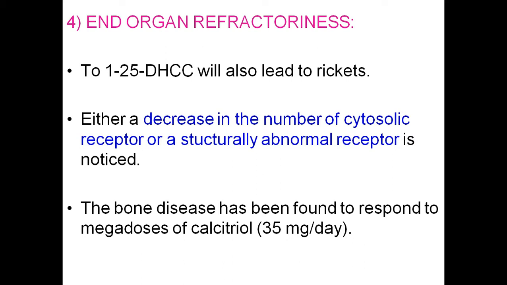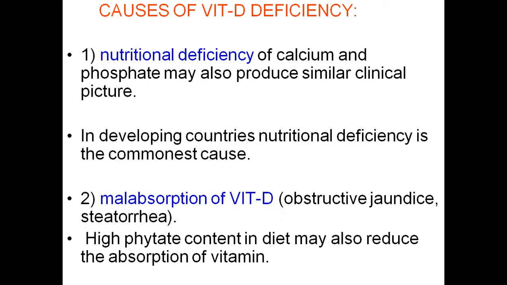This is end organ refractoriness, because here what happens is either a decrease in the number of cytosolic receptors or a structurally abnormal receptor, which results in insufficient action of vitamin D over the cells. So that is end organ refractoriness. As a result, what will happen? The bone disease has been found to respond to mega doses of calcitriol. So if you give excessive calcitriol, the organs will respond properly.